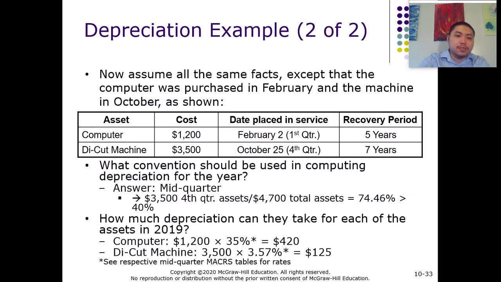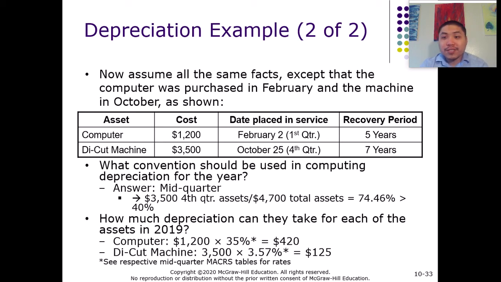As we just saw, the rate for the computer is going to be 35%. So we take $1,200 times 35%, and that gives us $420. And for the machine, the rate was 3.57%, so we take 3,500 times 3.57%, and that gives us $125. The whole process should not be that complicated.